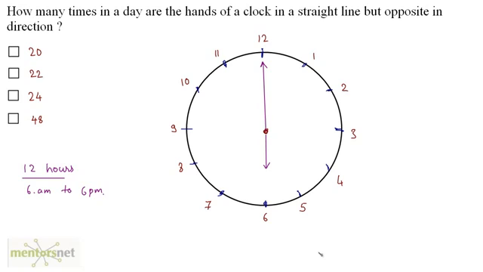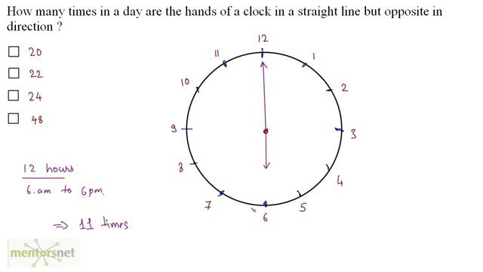Well, it happened 12 times. But we'll need to consider it as 11. Why? Because the position at 6 a.m. and 6 p.m. was the same, right? So we basically counted the same position twice, one at 6 a.m. and one at 6 p.m. So we need to subtract one from them. We need to count it as only single, right?